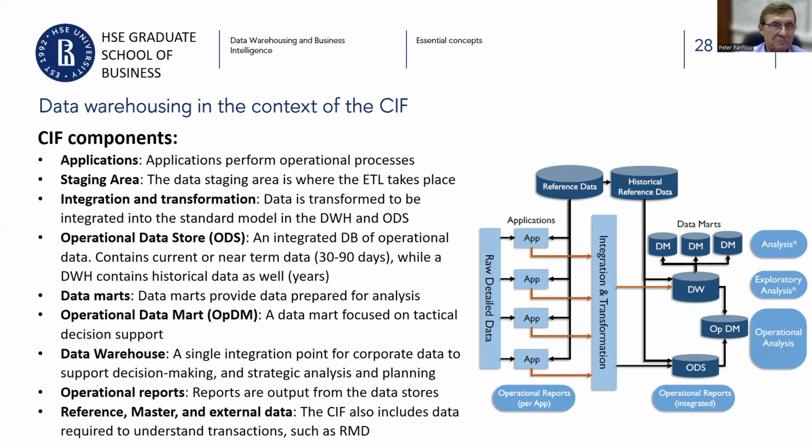Okay, so this is about the architecture by Bill Inmon. It's pretty straightforward. You can easily understand all the peculiarities of this architecture. And building data marts from relational data warehouse is pretty straightforward. You can do it easily.